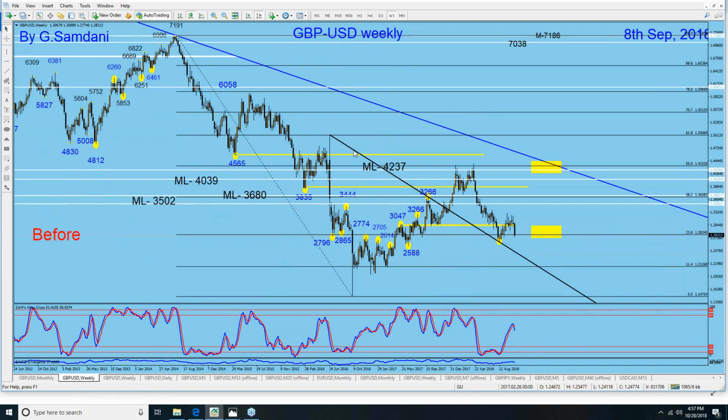This is how it is. You see, this whole fib, exactly 50%, now nicely came down to the 23% line, bounced, and then dropped back again, but holding at the 23% line. So if USD starts getting weaker, then we will turn to the upside.